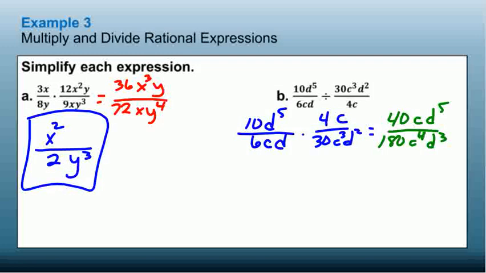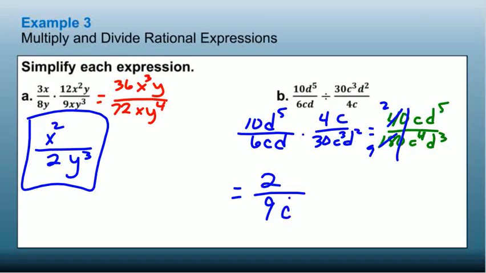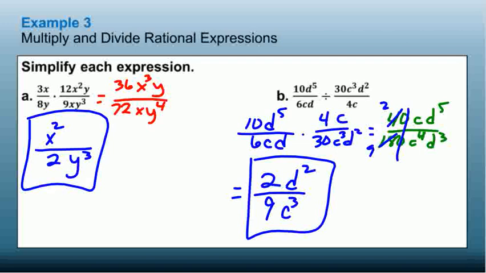Now I can divide these by 10 and take a 2 out here, take a 2 out here, and it gives me 9. So right now I have a 2 on top and a 9 on the bottom. I can take a c away on top and a c away on the bottom, and that gives me c cubed on the bottom. d to the fifth minus 3 is d squared. My answer is 2d squared divided by 9c to the third power.